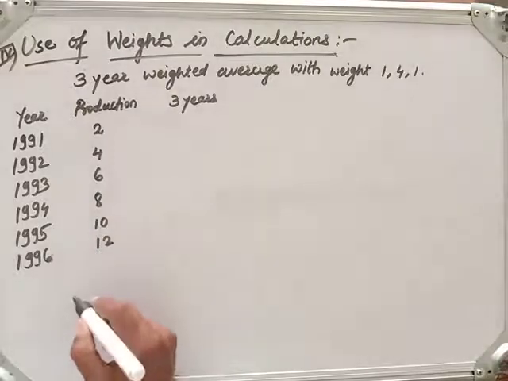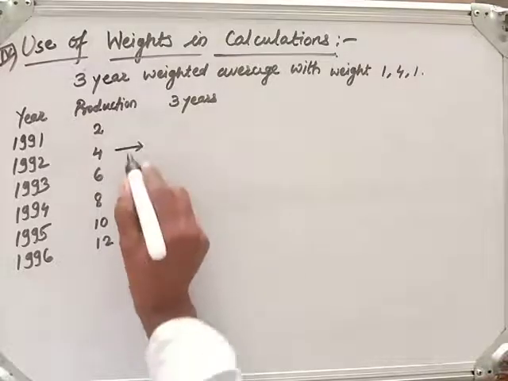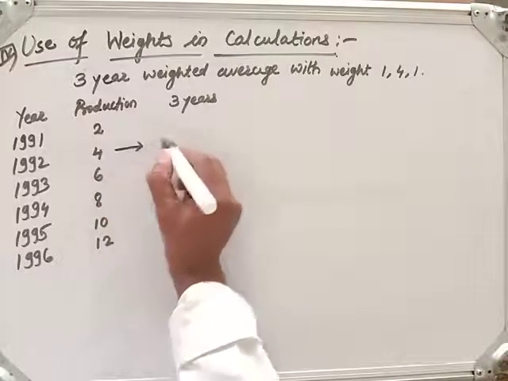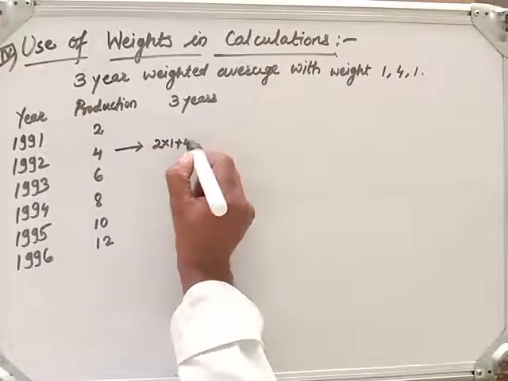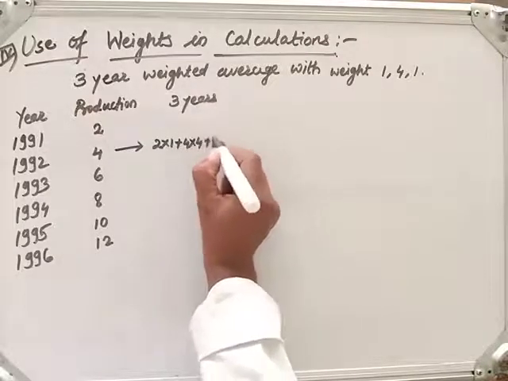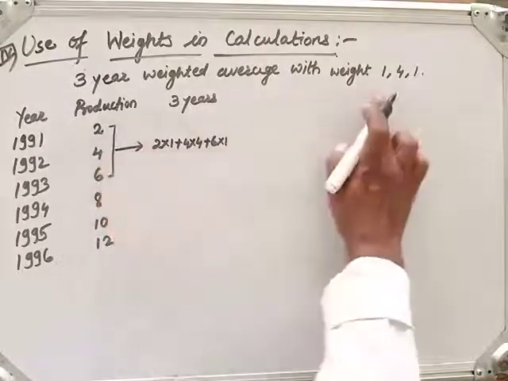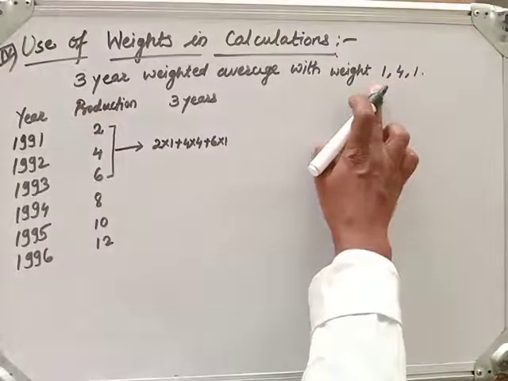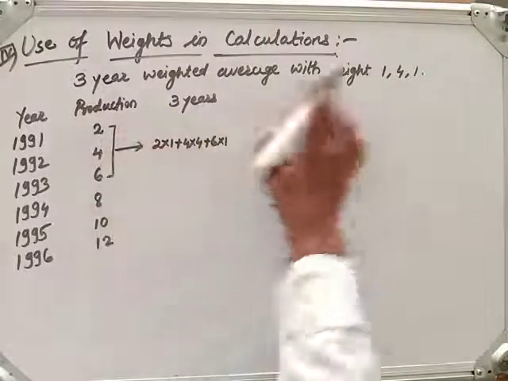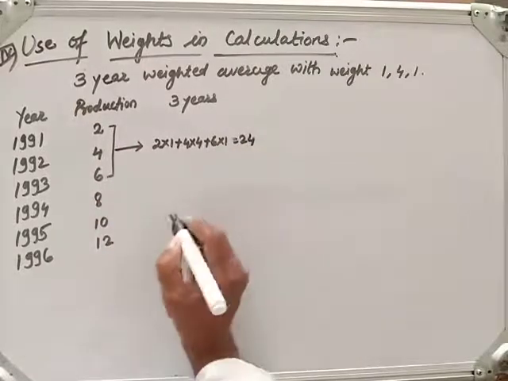This is given. Now 3 years means here we will take, and the middle one will be this. So that will be found as 2 into 1 plus 4 into 4 plus 6 into 1. These 3 we will take and multiply by these weights: first by first, second by second, third by third, and that total is 24.